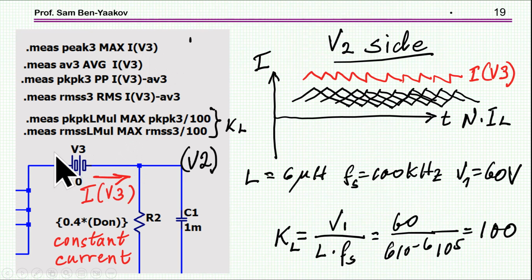I(V3) is the current of V3. This is the current here, okay? So I'm looking now at the maximum value of this current, which is the sum of all these currents of the individual inductors. These are the individual inductors, and the red one is what I see here. And in this case, I'm looking at the maximum. I'm not going to use it.